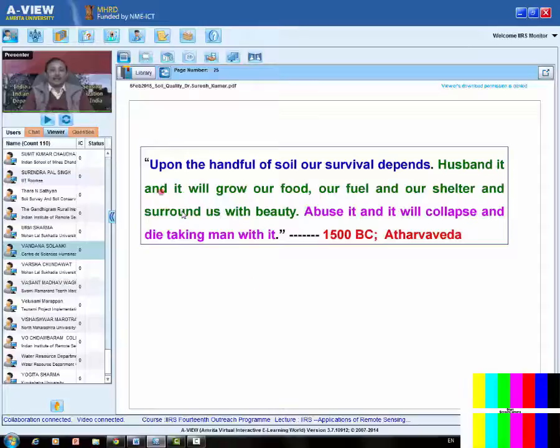And at the end I can say that we have a handful of soil for our survival. We need to husband it, and it will grow our food, our fuel, our shelter, and surround us with beauty. If you abuse it, it will collapse and die, taking man with it. It was written in the Atharvaveda in 1500 BC.